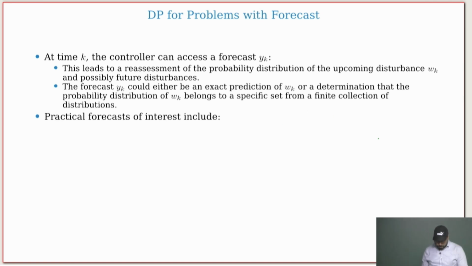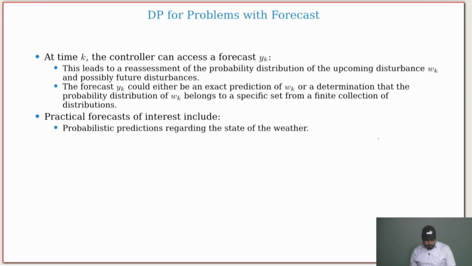So the practical forecasts of interest include, for example, probabilistic predictions regarding the state of the weather. So this itself has consequence in sequential decision making. For example, let's say we want to go and play some sports outside, then obviously we will rely on some agency that will give us the forecast, and this will have consequence on the action that we will take.